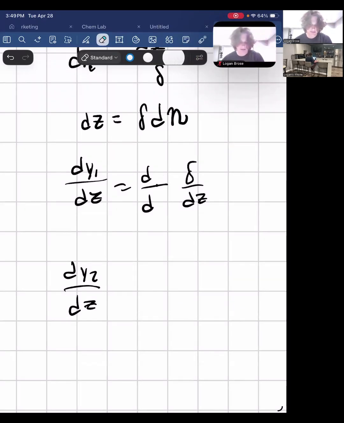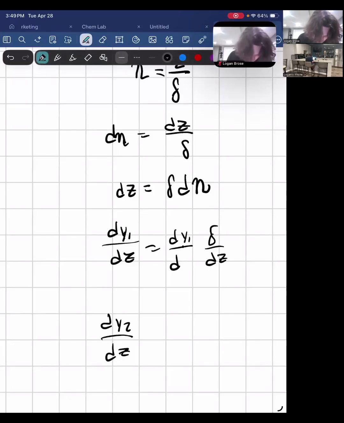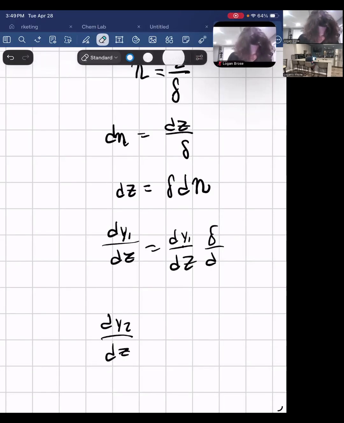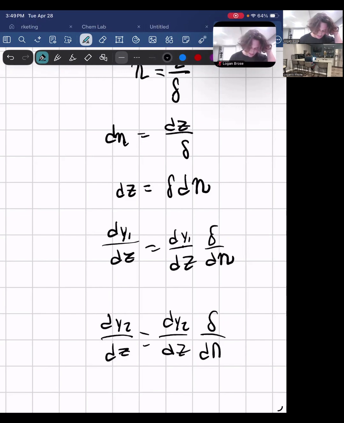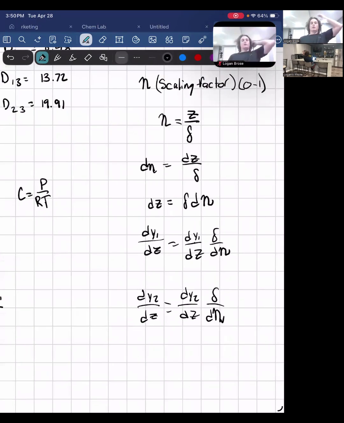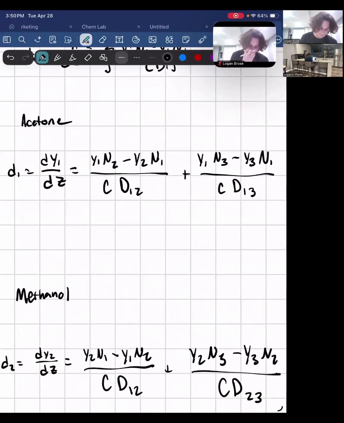It's actually dy1 over dz, and then this is over dn. And then we can do the same thing here, dy2 over dz, delta over dn. And so we can plug these in over here.